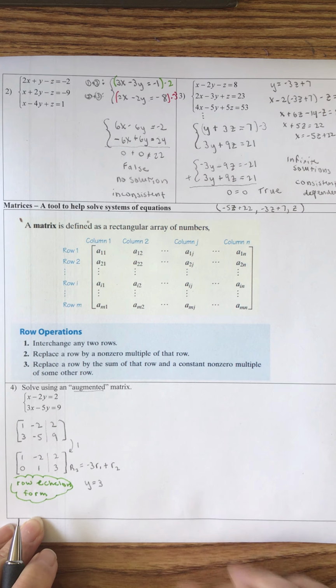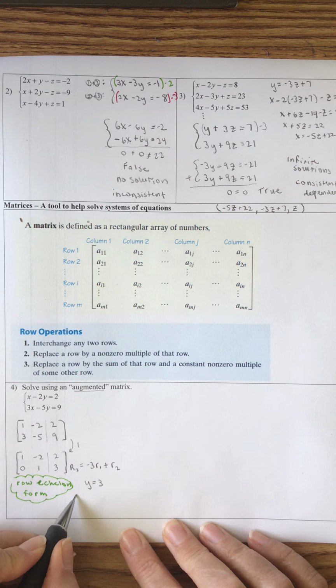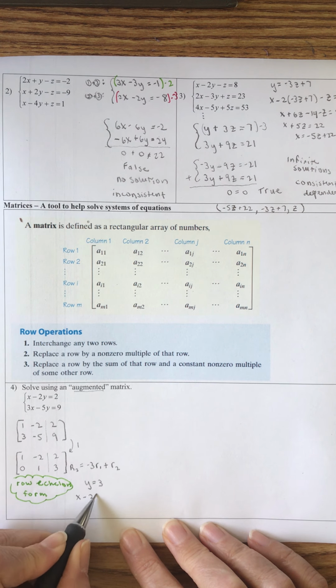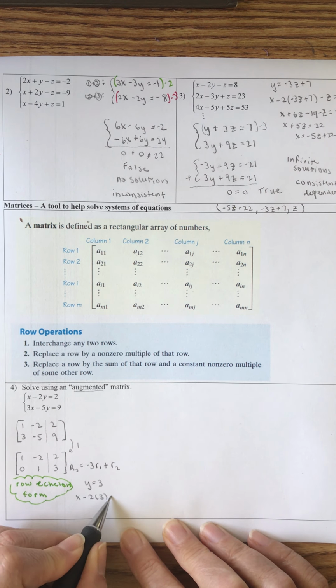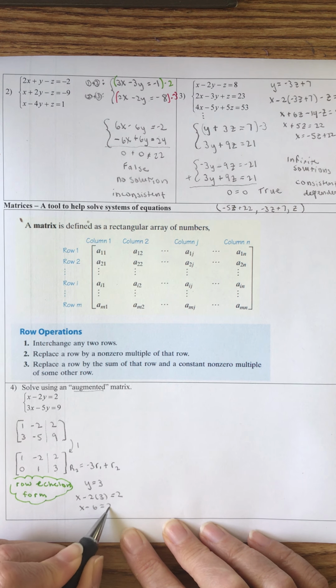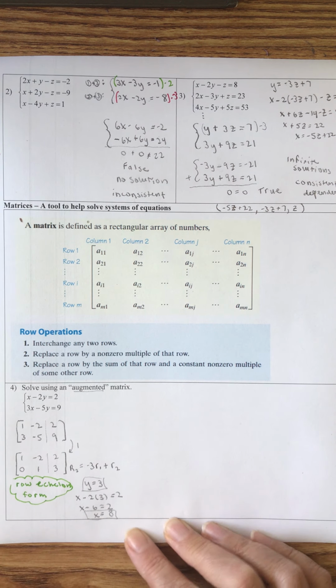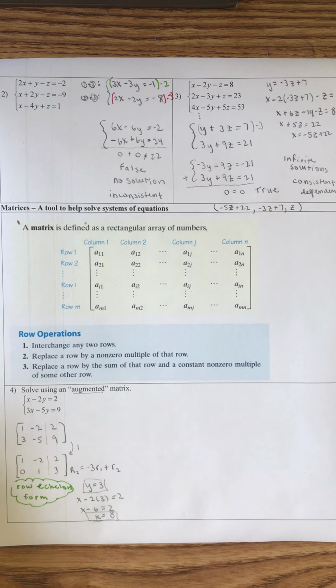And so then you can use back substitution to solve for the other variable, because x plus 2 times y is equal to 2. So x minus 6 is equal to 2, so x equals 8. So that's kind of using a combination of matrices to solve a system.